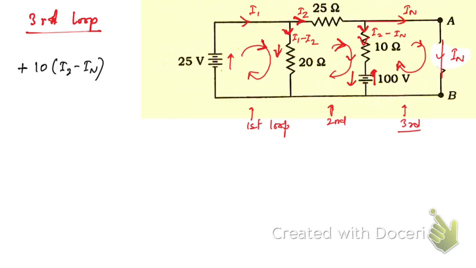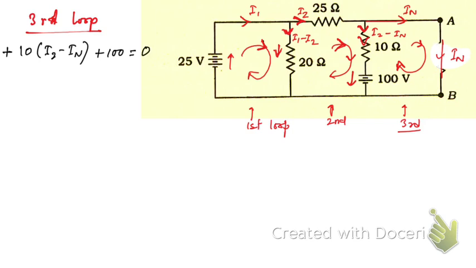That means it is lower to higher potential, negative to positive. In that case, potential gain, so we are going to keep it positive 100 volt. These are the two things we have, one battery and resistance, and the total voltage is equal to 0. This is equation number 3.